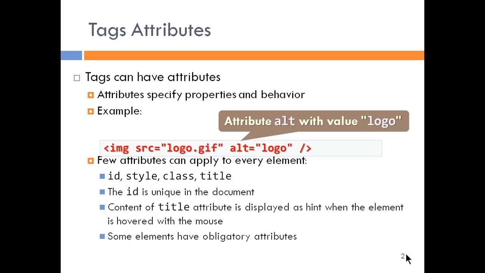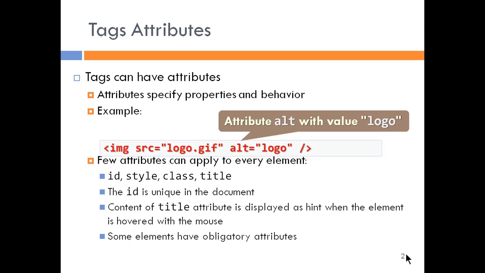The content of the title attribute is displayed as a hint when the element is hovered with the mouse. When you take the mouse to the title, then the title is displayed as a hint.